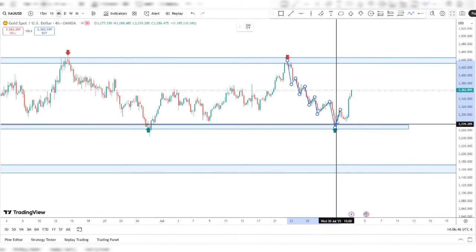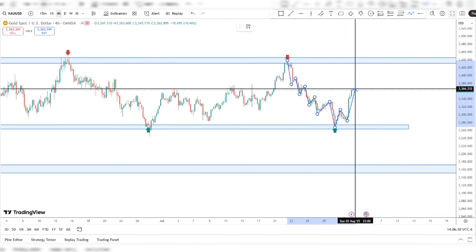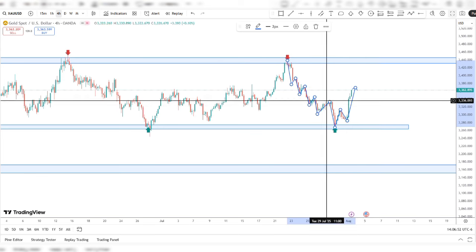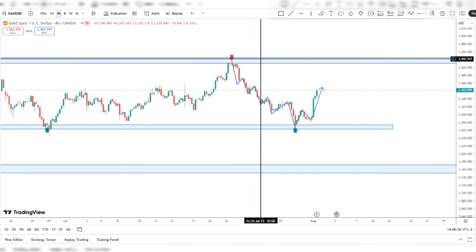So price failed to break below this previous low and continued to the upside. So there's been a change in the market structure over there, right?